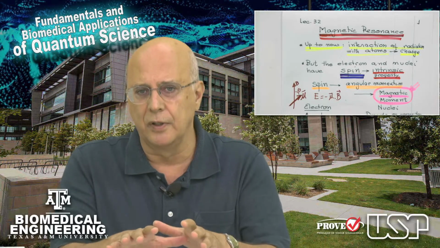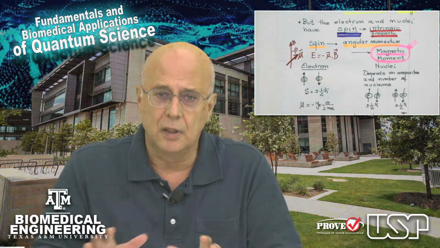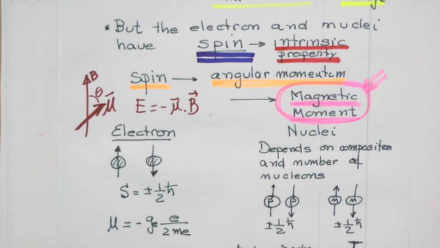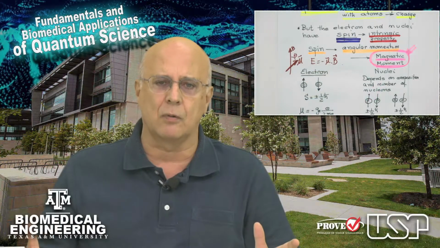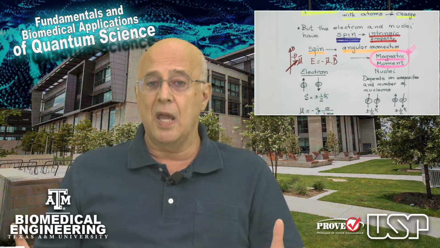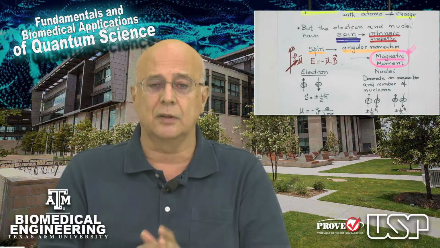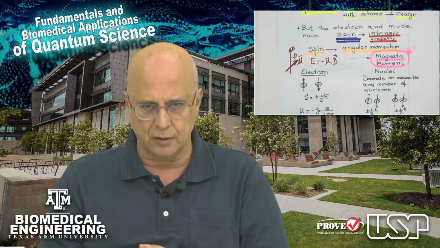Before we do this, and this depends on quantum mechanics, you're going to see that angular momentum, as we saw for many things in quantum mechanics, cannot be any orientation. It has a quantization.